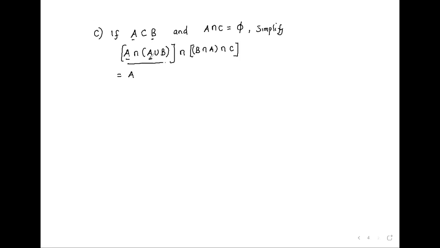Because you have A union B, that's B, but A intersection B, that's A. Intersection B intersection A. Since A is in B, B intersection A is A. Intersection C, but we are told something. We are told this guy is empty. So we end up having A intersection empty, and A intersection empty is empty.